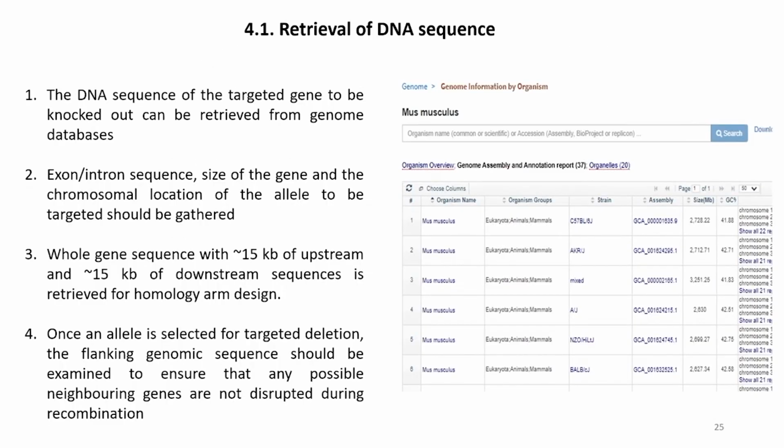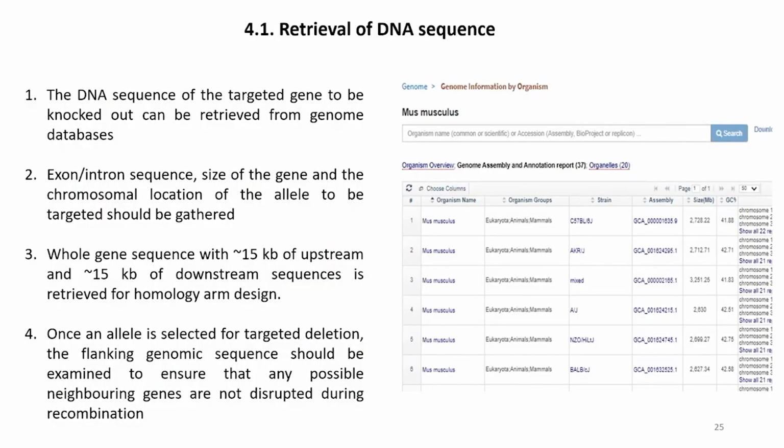So, for retrieval of the DNA sequence of the targeted gene, we have to visit genome databases, and get the exon intron sequence, then the size of the gene and the chromosomal location of the allele to be targeted should be gathered. I mean, the information needs to be known.